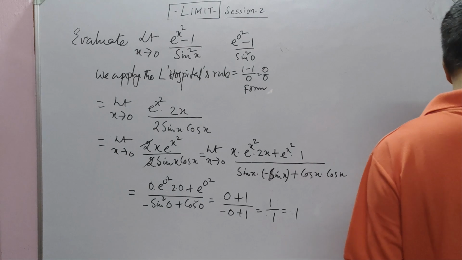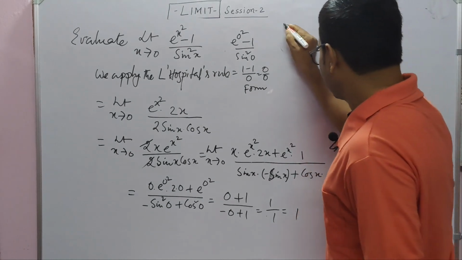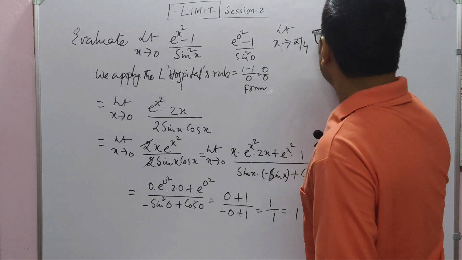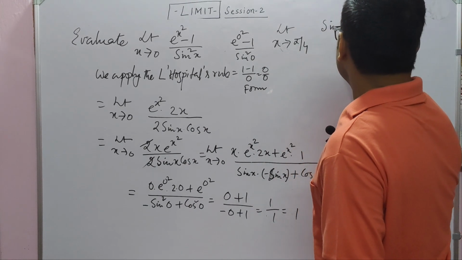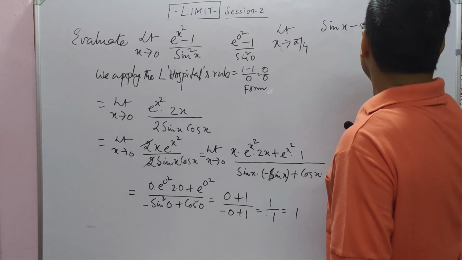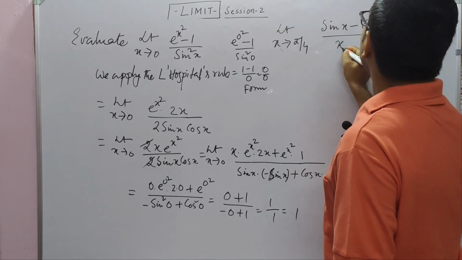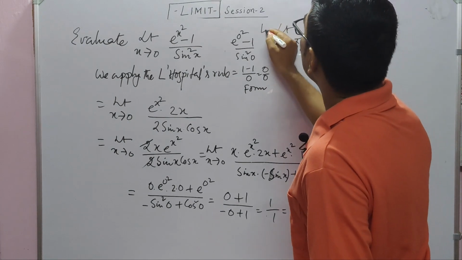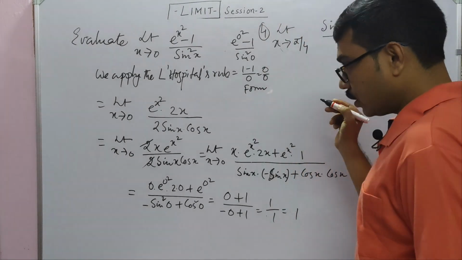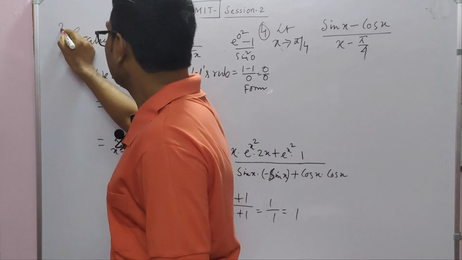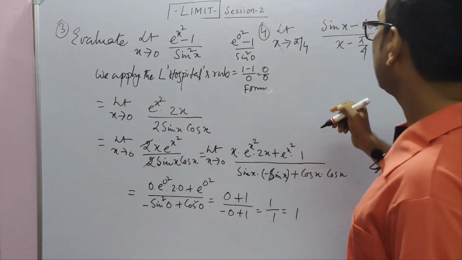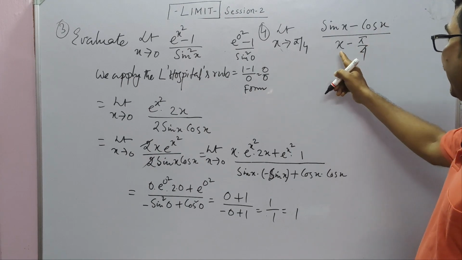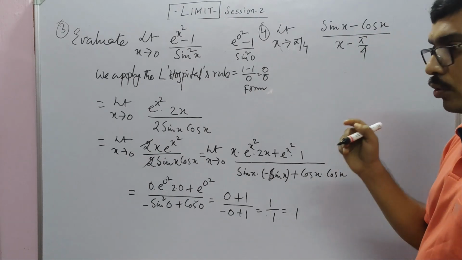Again, limit x tends to pi by 4 of sin x minus cos x by x minus pi by 4. That was question number 3; this is number 4. Limit x tends to pi by 4 of sin x minus cos x by x minus pi by 4.